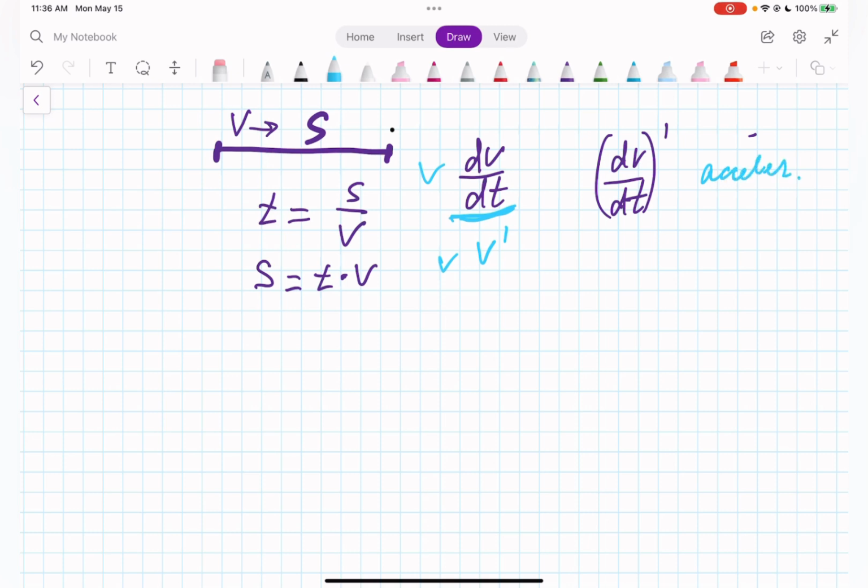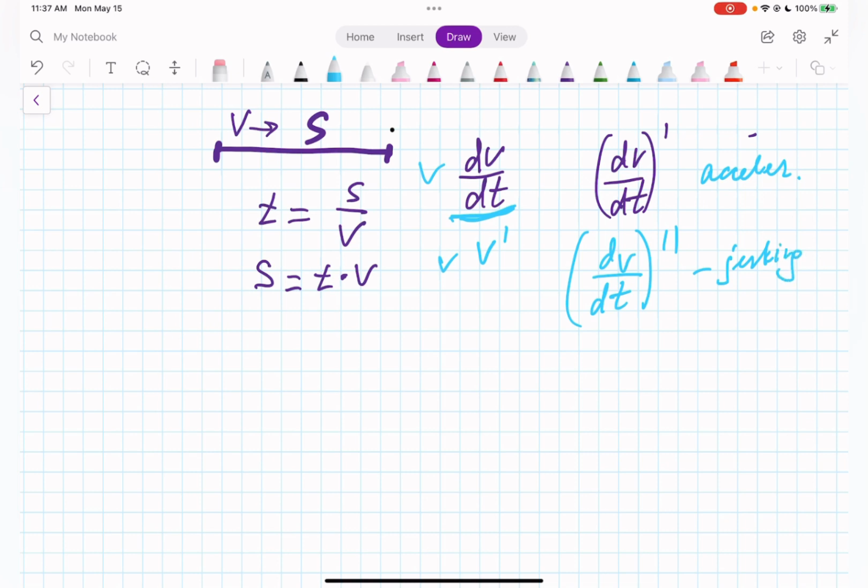When you take the second derivative, meaning derivative of derivative, whatever result you got, you take one more derivative. That will be acceleration. And if you take the next derivative, the third one, that will be the jerk of the car.